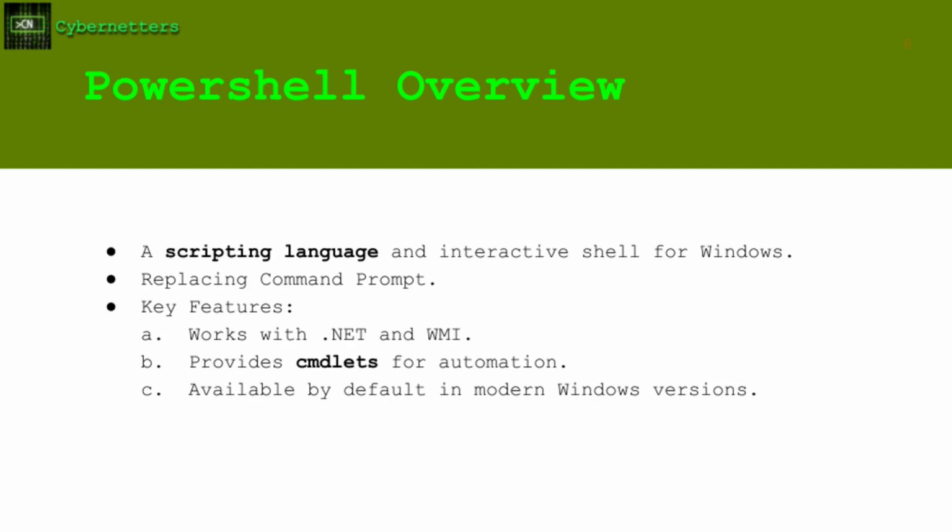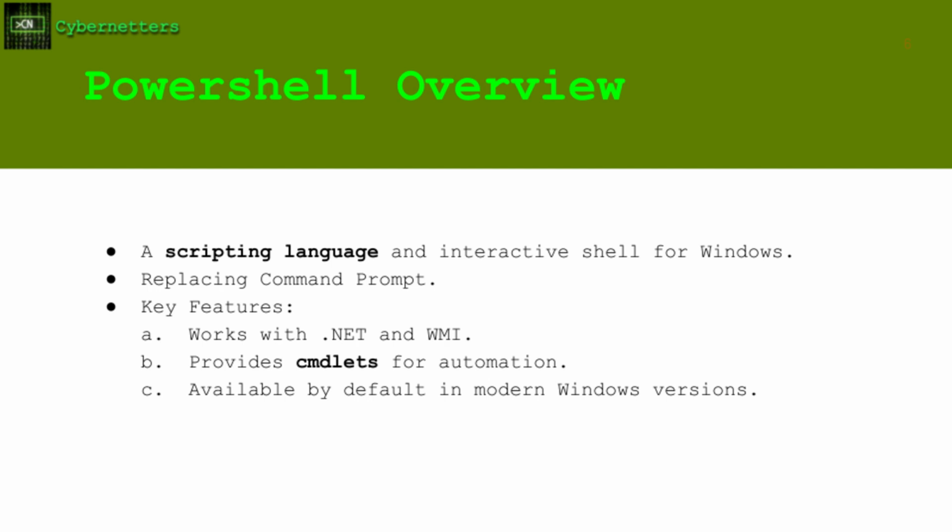Next up, let's talk about PowerShell, one of the most powerful tools for scripting and automation in Windows. PowerShell is both a scripting language and an interactive shell designed specifically for Windows. It is gradually replacing the command prompt by offering a much more advanced and flexible set of features. Here are some key things to know about PowerShell.